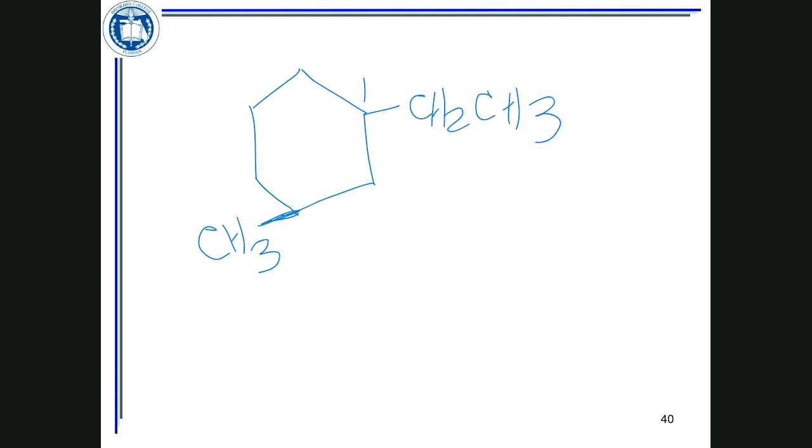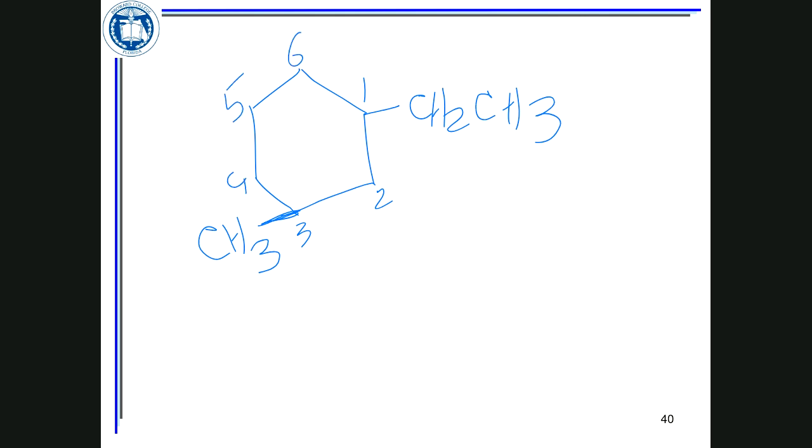We should go clockwise because the next branch is going to be on position 3. So we are looking for the lowest number. With the lowest numbers assigned to branches, we should go clockwise. And we have 3, 4, 5, and 6.